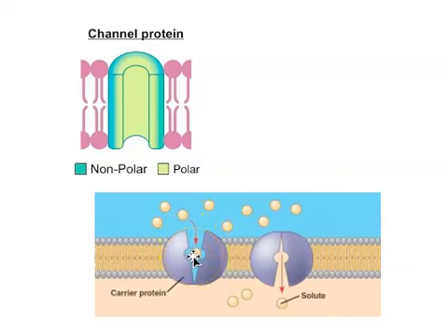That binding of the molecule with the carrier is going to cause the carrier to change shape. And it will change the opening from this side of the membrane to the other side of the membrane. Pretty slick. That will allow the molecule to come off and into the inside of the cell.